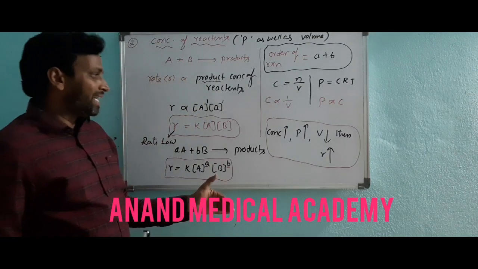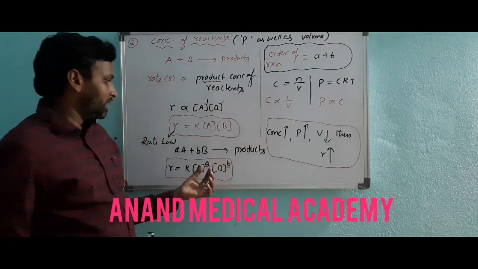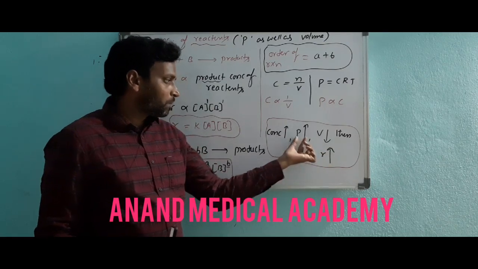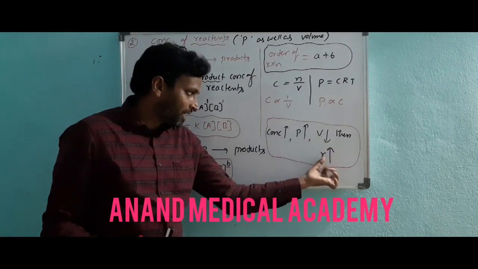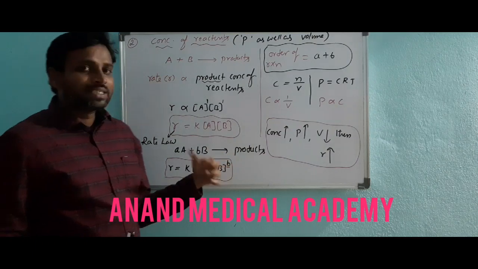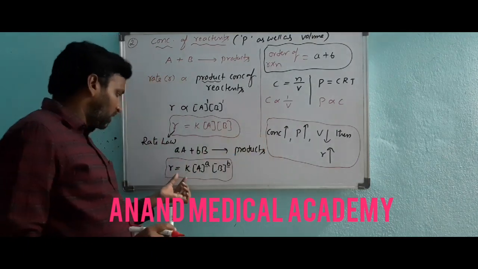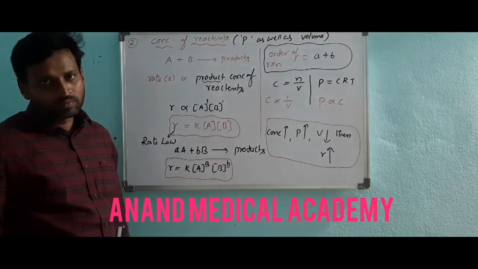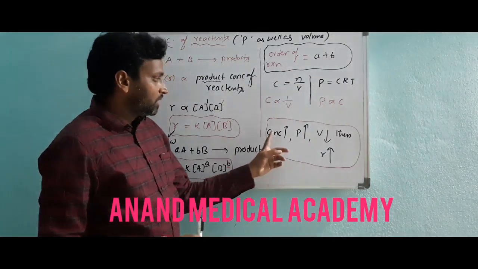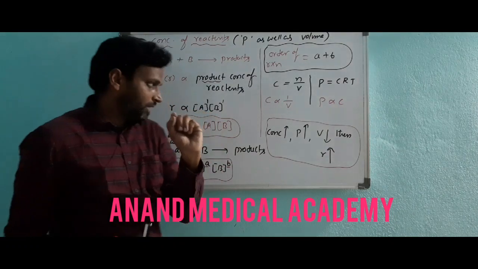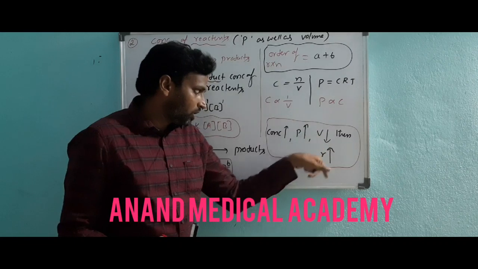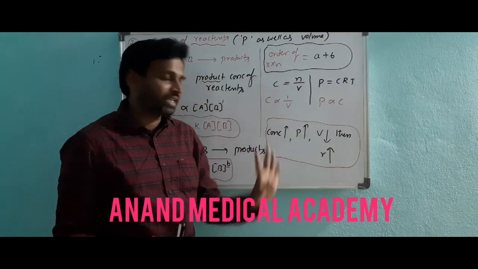But for a reaction, how can we say the concentration and rate relation, or pressure and rate relation, or volume and rate relation? We say it based on the rate law. That is very, very important. This is the last and final time I am telling you: concentration increases, so pressure can increase, or volume decreases, then the rate of reaction increases.